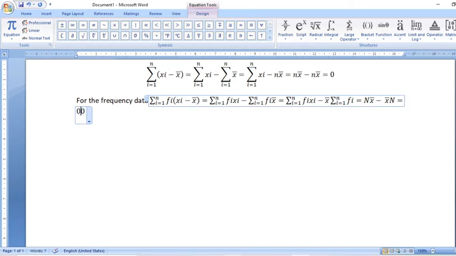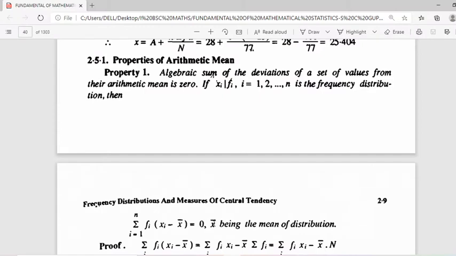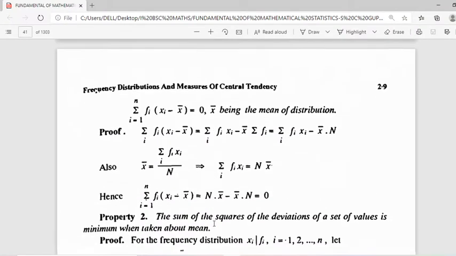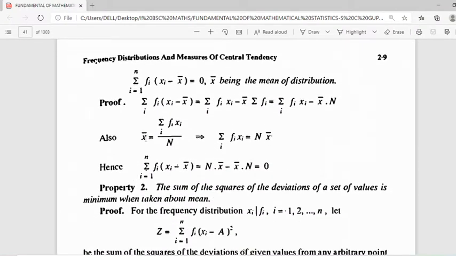So this is the step given here. Since x bar is equal to summation i from 1 to n of fi xi by N, summation fi xi equals N x bar. For the frequency data, capital N is summation fi.